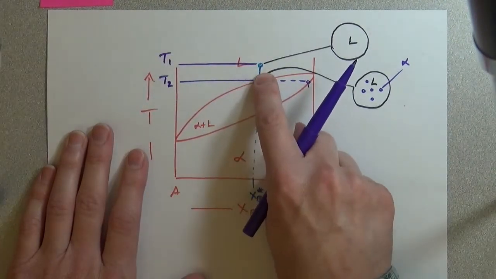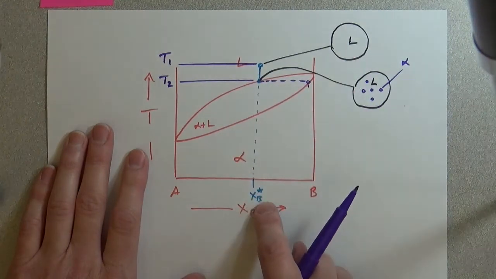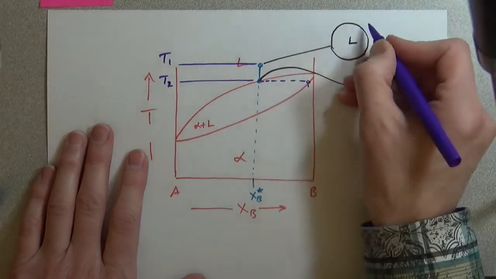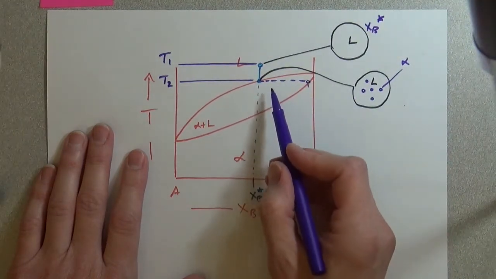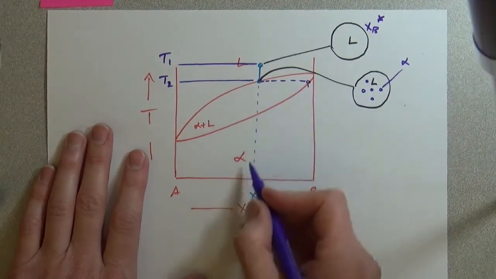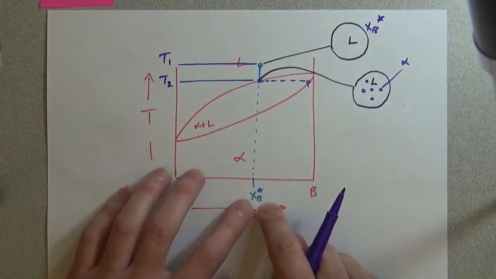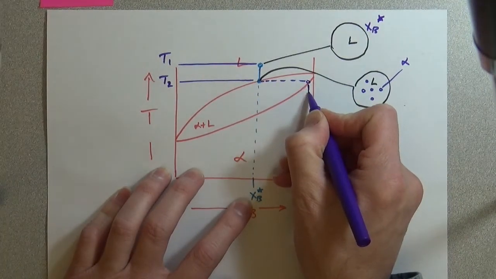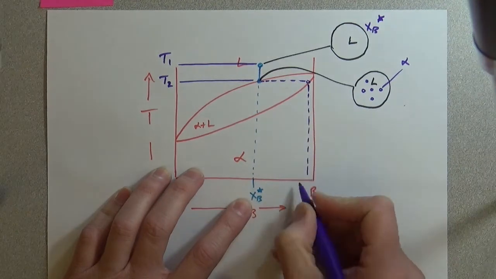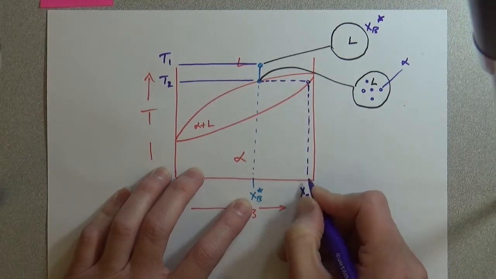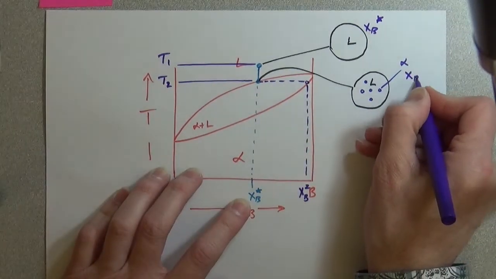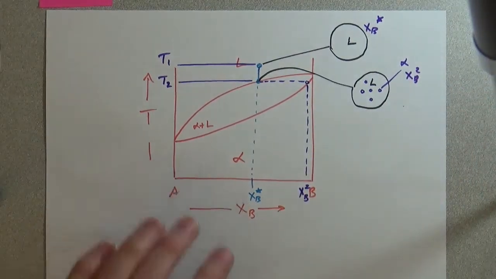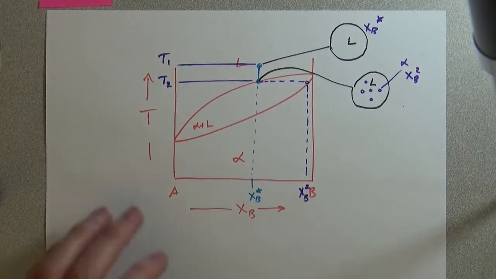So at T1, the composition of the liquid is just all XB star. At this point, we have a liquid, which is XB star, and we have alpha, which is XB2, because this is temperature 2.